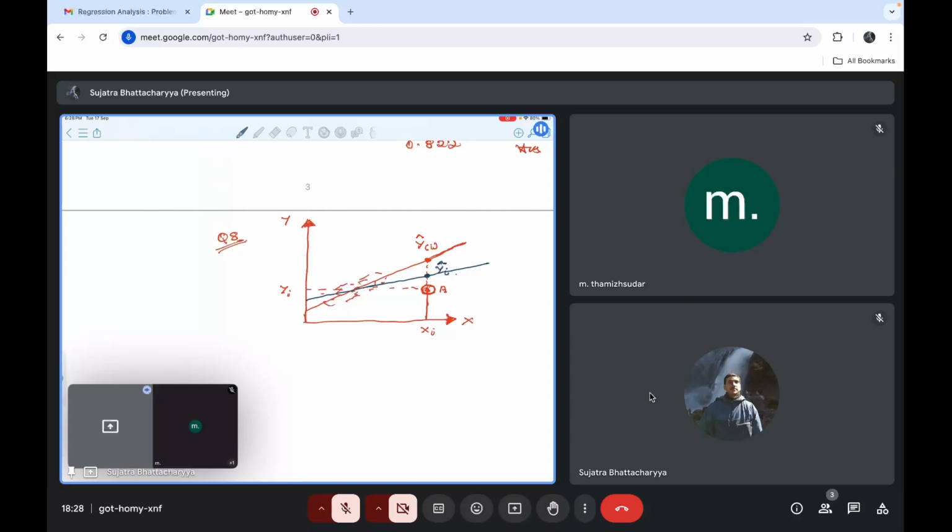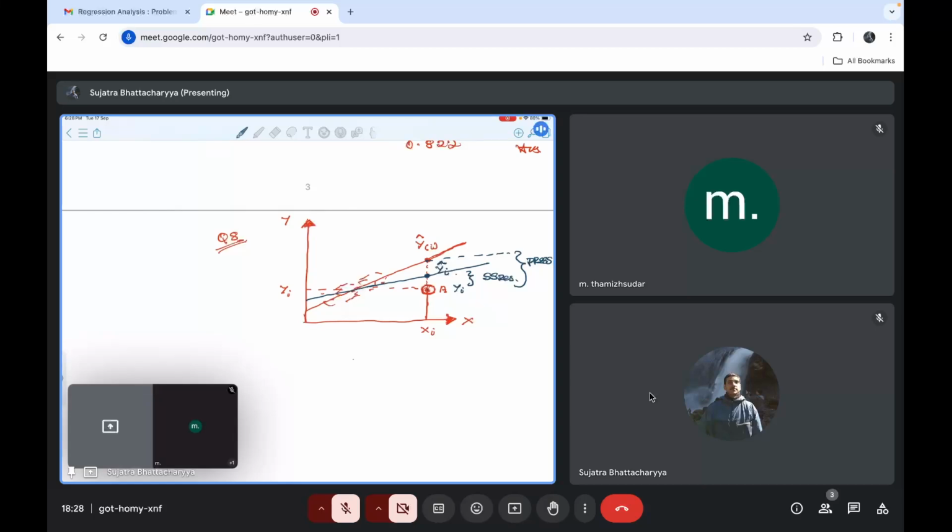This difference between yi and yi hat is what you call the SS residual. And this bigger difference between yi and yi in bracket i hat is your PRESS residual, because the PRESS residual's definition is like that. If you ignore the ith value, then what is the difference between yi hat and yi? That is your PRESS residual, correct?